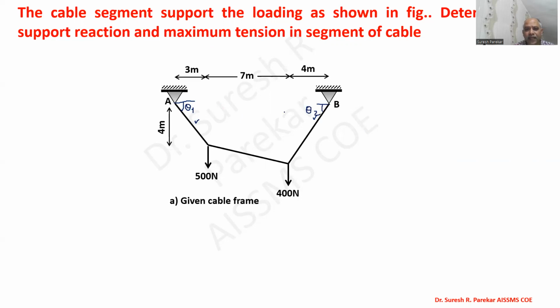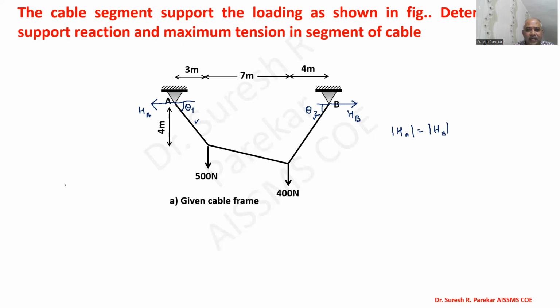We know that as no horizontal force is acting on the cable, whatever value of HA we have over here, we have the same value of HB only in the opposite direction. So I can say the magnitude of HA should be equal to the magnitude of HB.